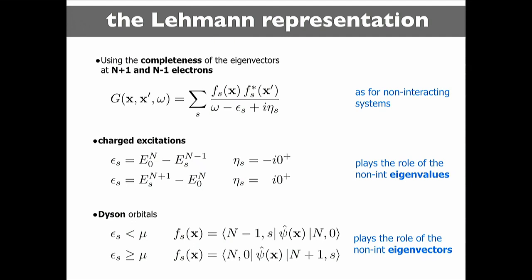Now, importantly, what are the main differences between this expression for an interacting system and for a non-interacting system? Already from here, we can see that these orbitals are not orthogonal among themselves, while they are in a non-interacting picture. In a non-interacting picture, those are just eigenvectors of a non-interacting single particle Hamiltonian.